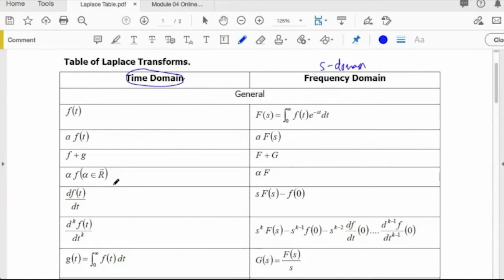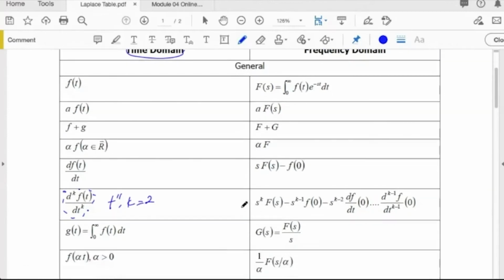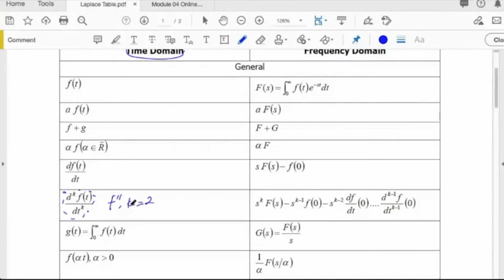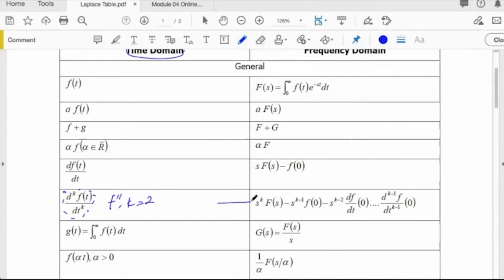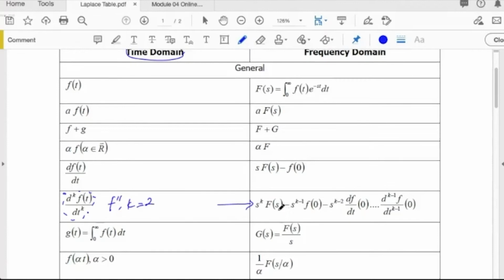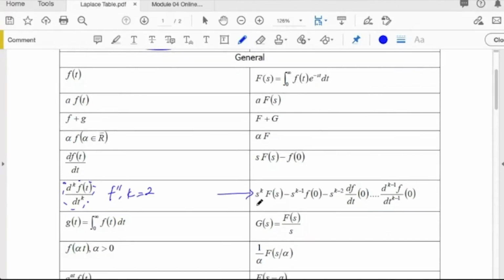Just now we had f double prime, which is similar to this part where k is equal to 2. If we apply the Laplace transform to f double prime, it will be similar to this on the right-hand side, where we have s squared.